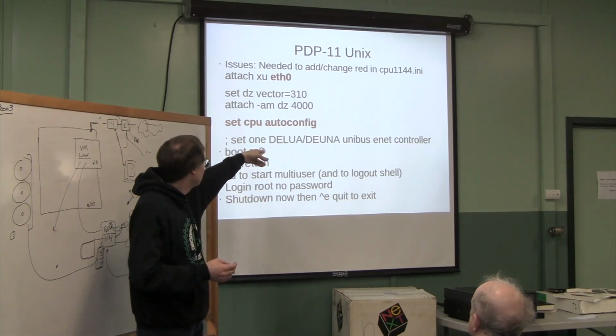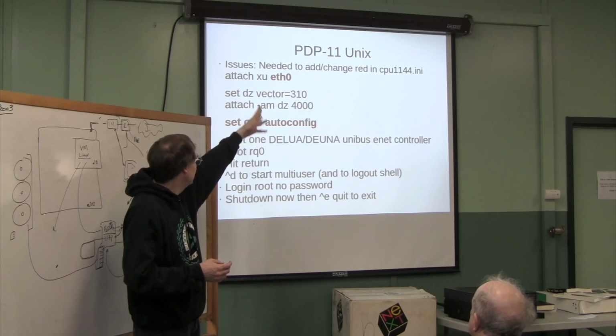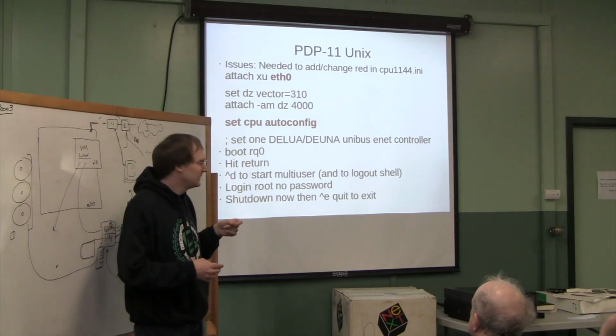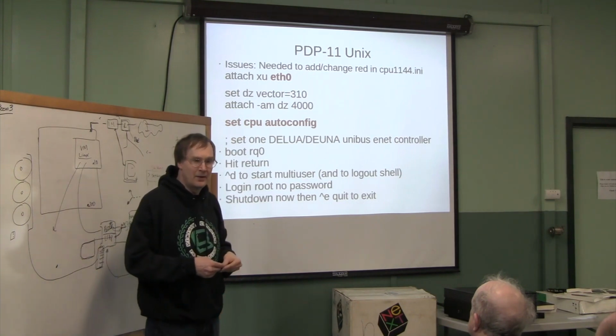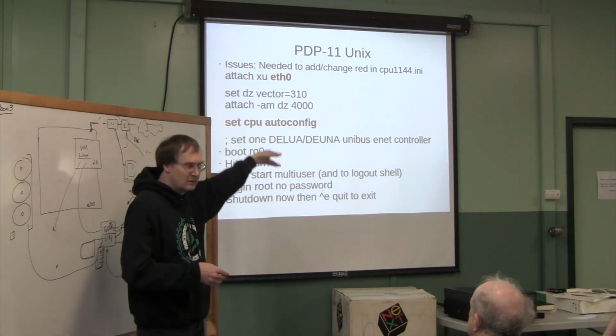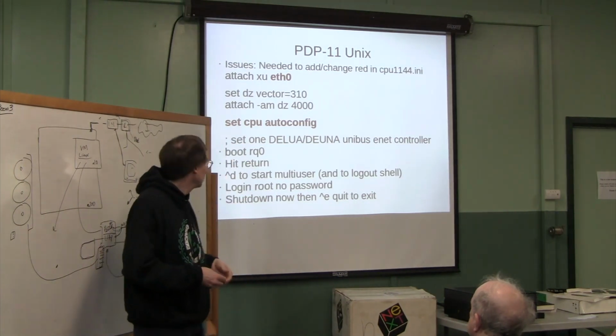And it's assuming that that happens by auto-config, but when you do the attach to the DZ specifying manually the parameters, it then stops doing it for any further device. So when I set CPU auto-config back on, then the devices that followed then got properly configured.